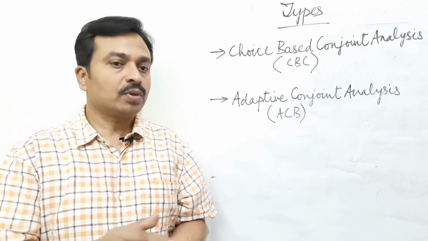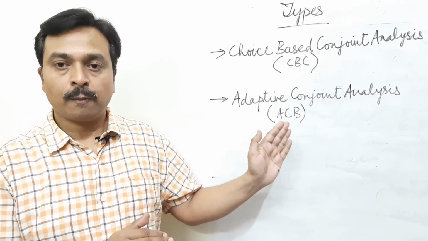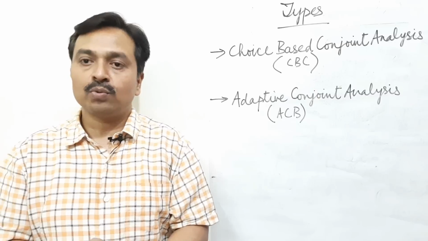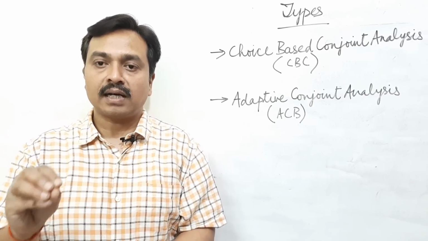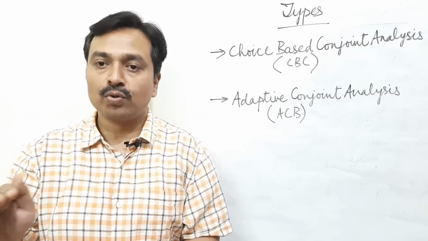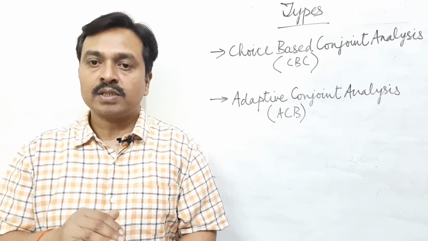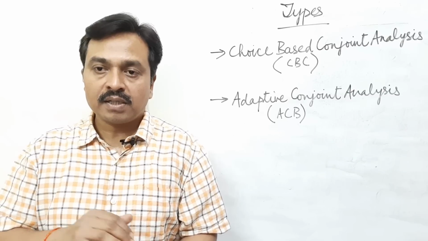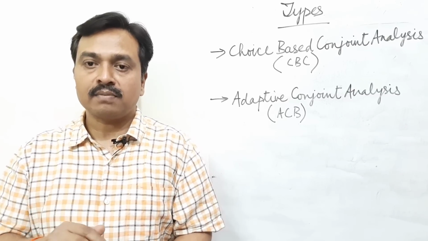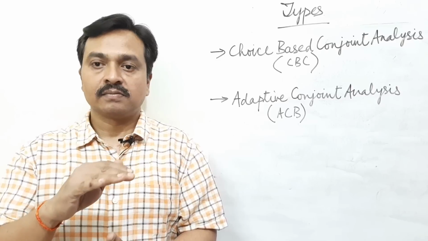Now, coming on to the adaptive conjoint analysis, that is ACA. When the number of attributes is higher than 8, an adaptive conjoint analysis or ACA can be more useful. An ACA utilizes the same overarching principle as a CBC analysis, but differs significantly in terms of subject, implementation and analysis.